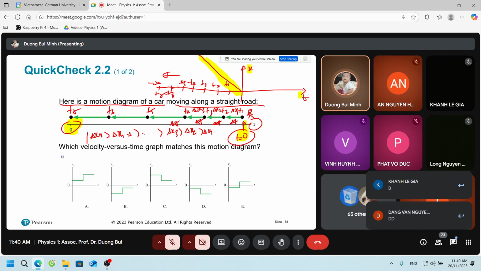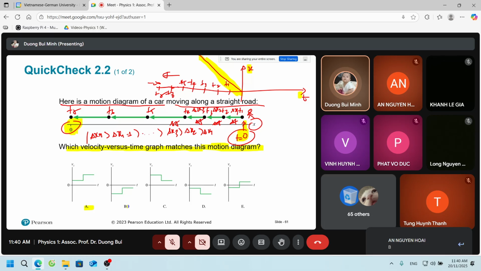Now, which velocity versus time graph matches this motion diagram? We have A, B, C, D, E. Remember time is here.